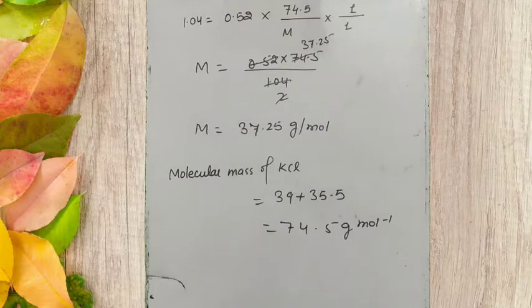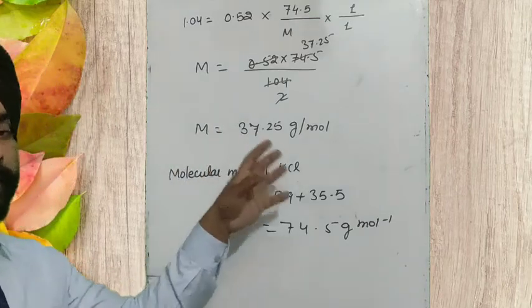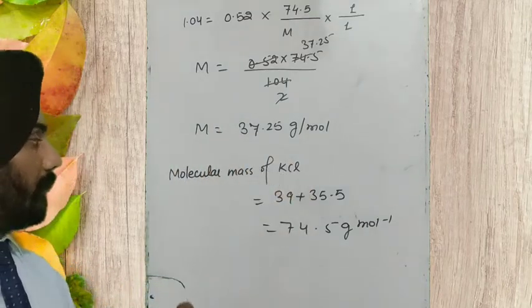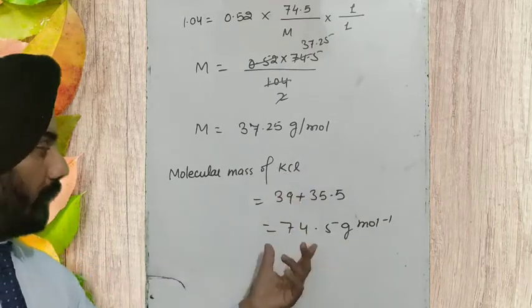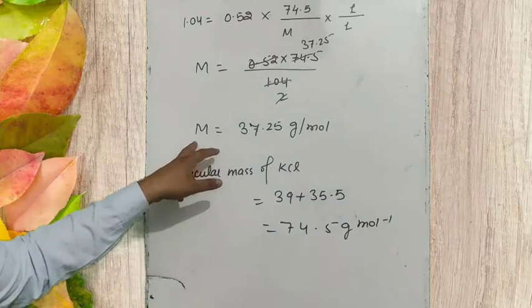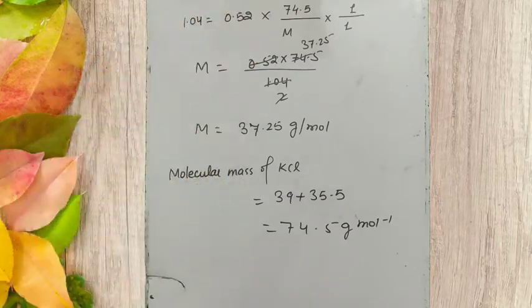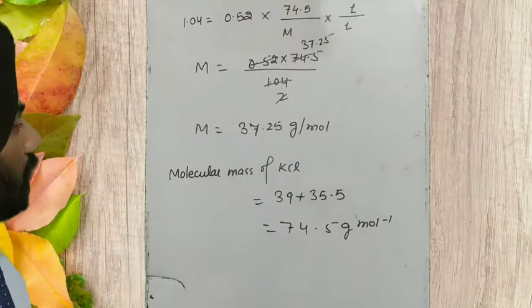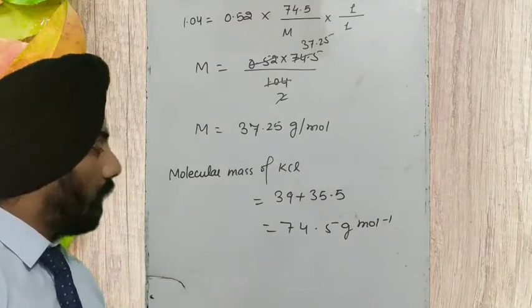Have we made some mistake, or have we forgotten something else in the question? That we have to understand. Experimentally, if we add the molecular masses of K and Cl individually together, it is 74.5. But by the formula of elevation of boiling point using the colligative property, we calculated 37.25, which is half of 74.5 gram per mole.